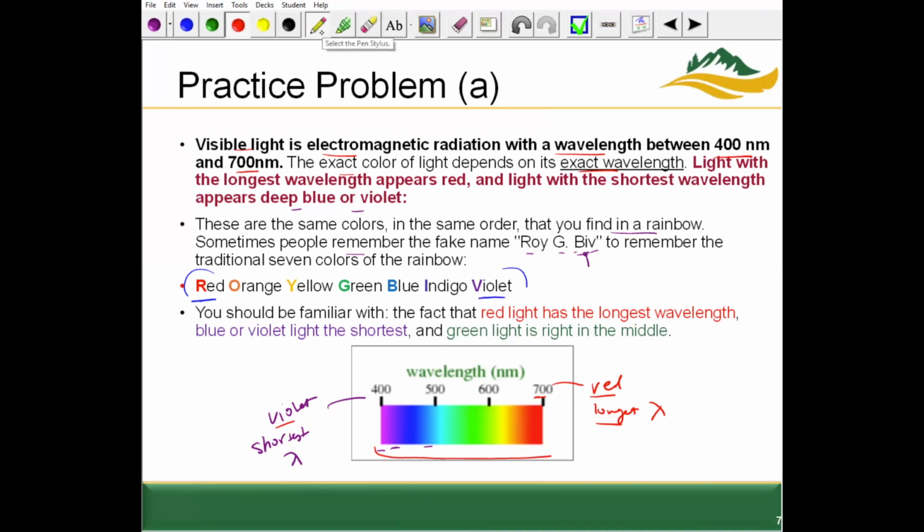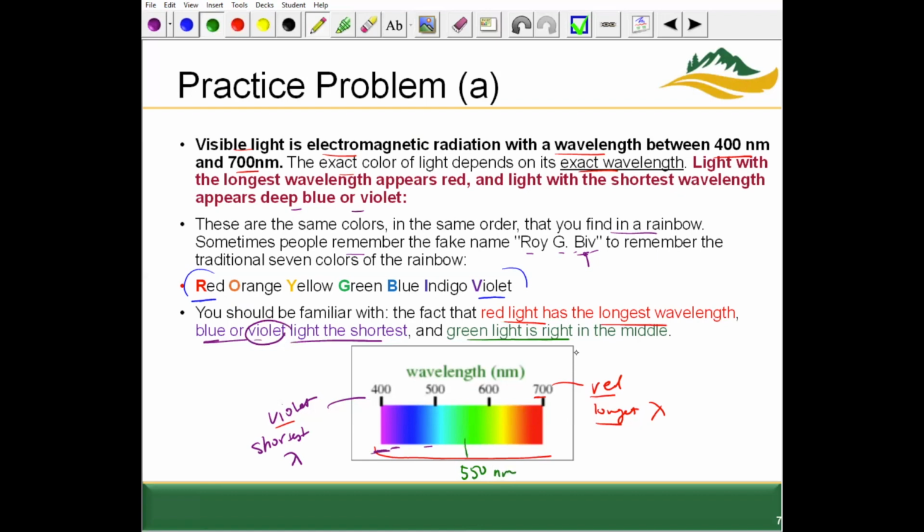So you should be familiar with the fact that red light has the longest wavelength, and blue or indigo or violet, a deep blue, mostly we think about violet, has the shortest wavelength over here. Then green falls about right in the middle. So with 400 and 700, right in the middle would be about 550 nanometers.